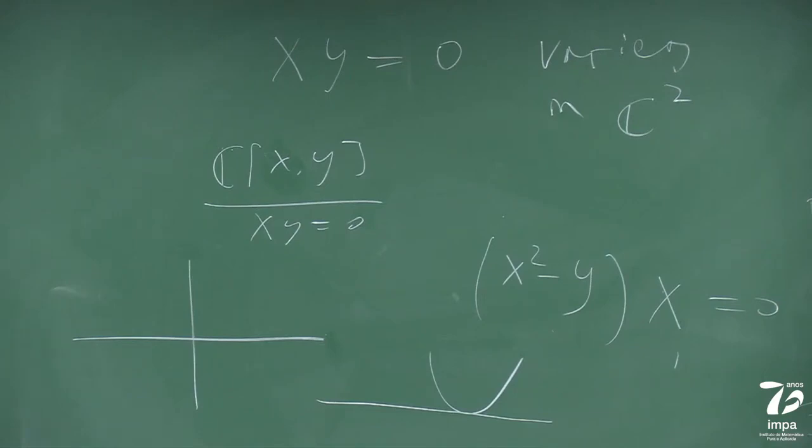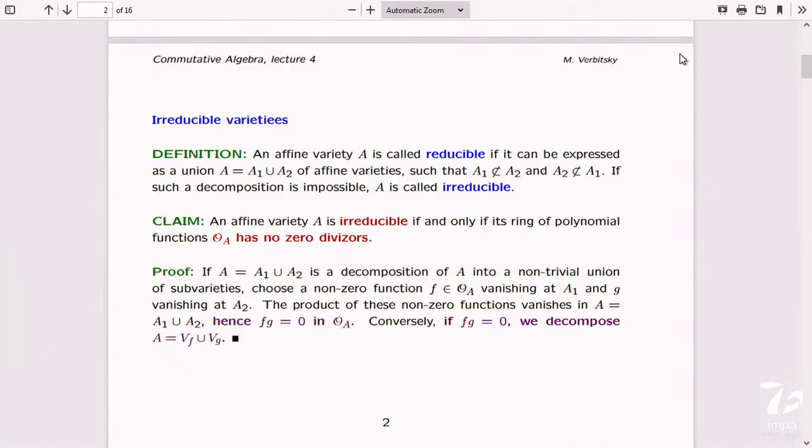So, definition: an affine variety A is called reducible if A is a union of A1 with A2, where A1 and A2 are varieties as well.